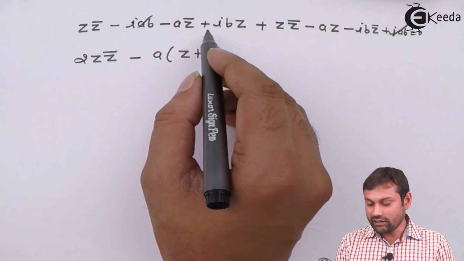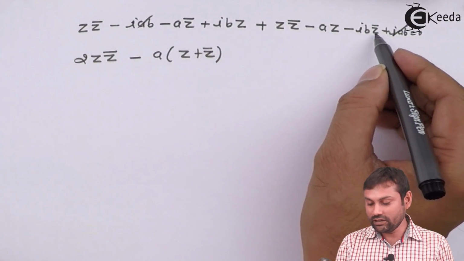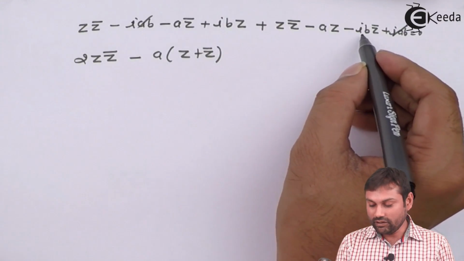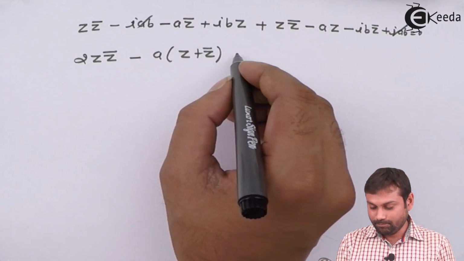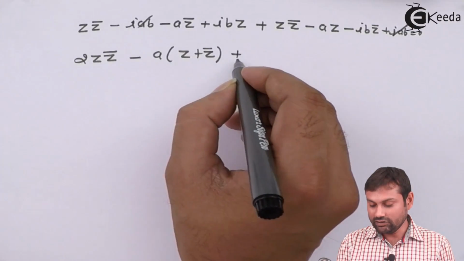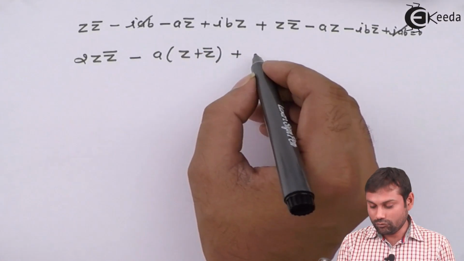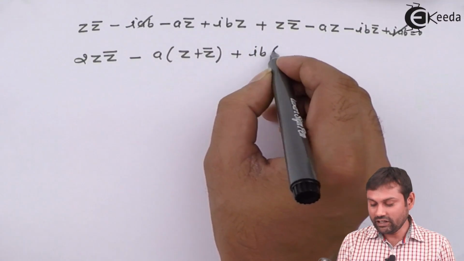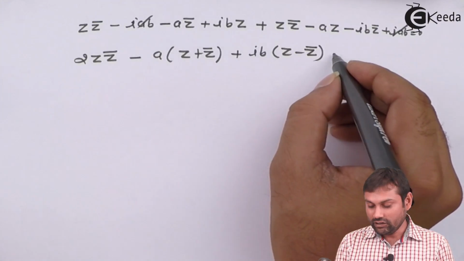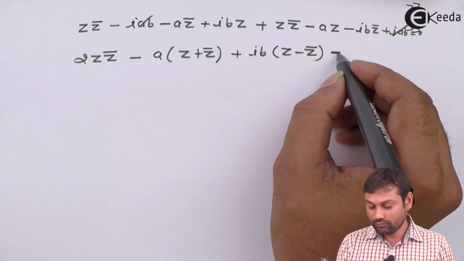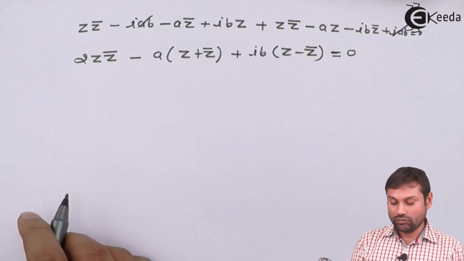Again here iBz and here minus iB z bar, so if I take common iB, that becomes (z minus z bar), that is equal to 0.